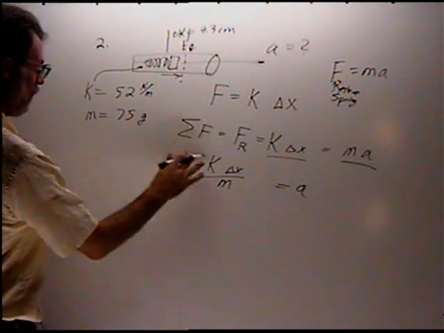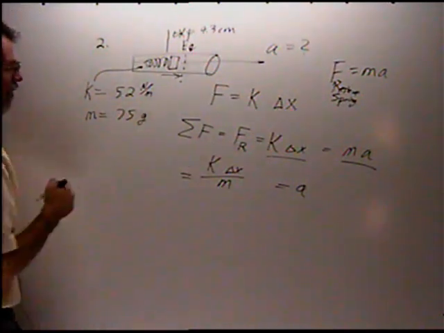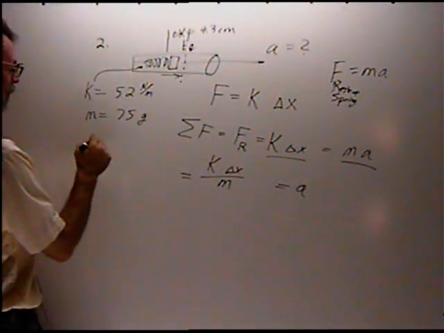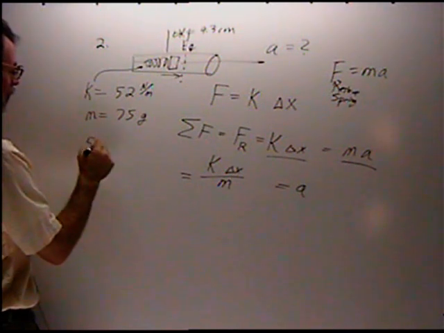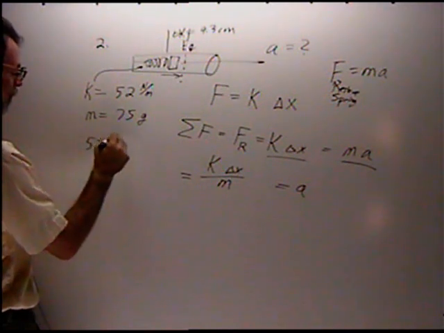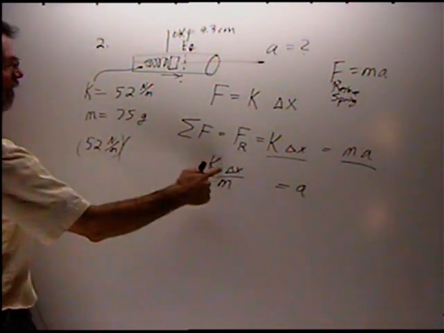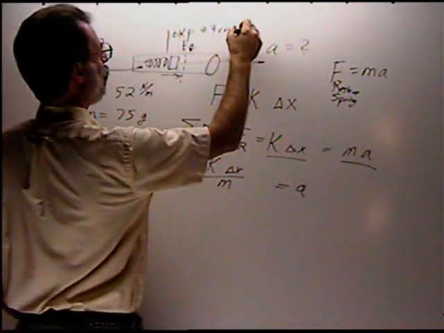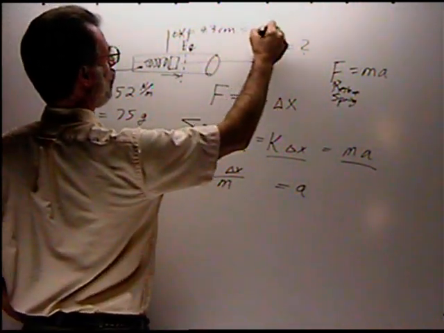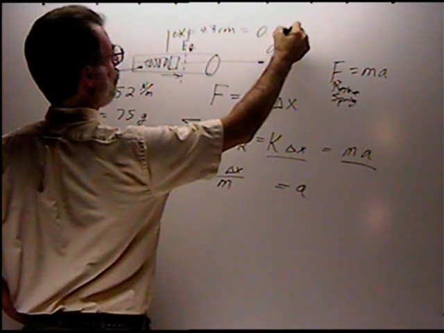I'm going to work right to left in this case. The spring constant is 52 newtons per meter. Delta x is 4.3 centimeters, which is 0.043 meters.